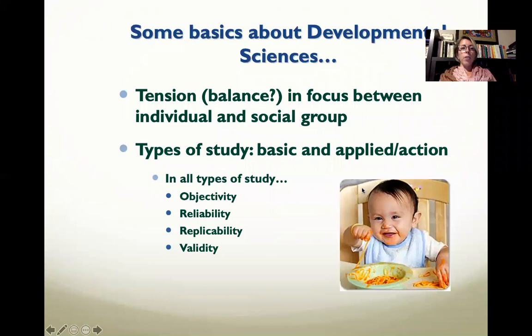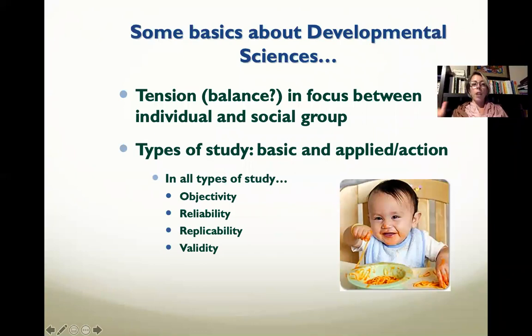Okay. So some basics about developmental science. We're always trying to negotiate a tension between focusing on what's changing and what's shaping the individual and the group, the social group they're a part of. Again, this focus on context, right? People are not developing in isolation.